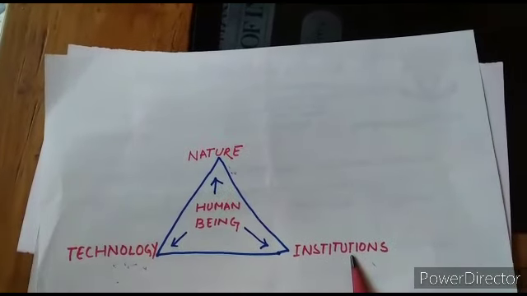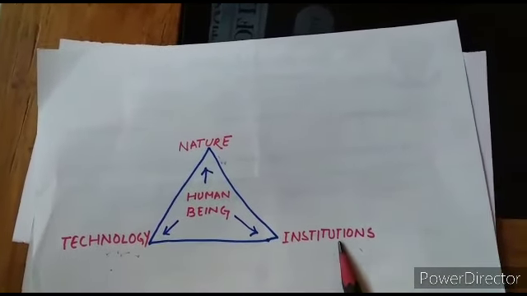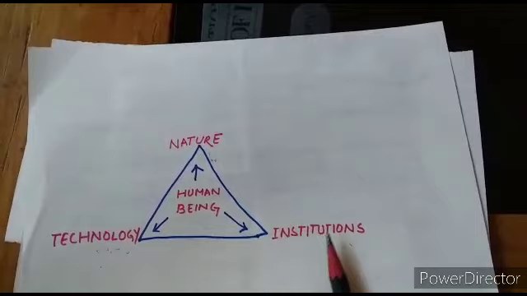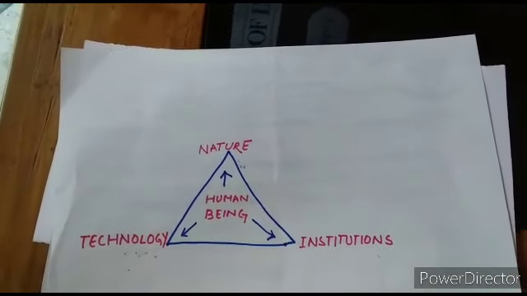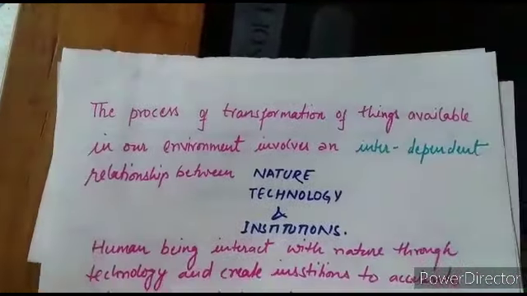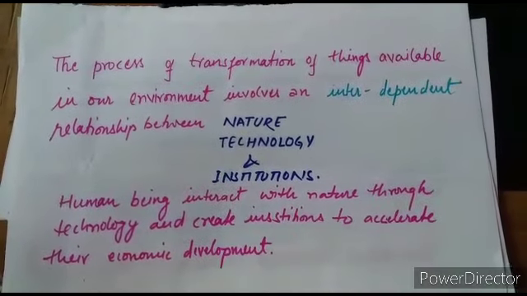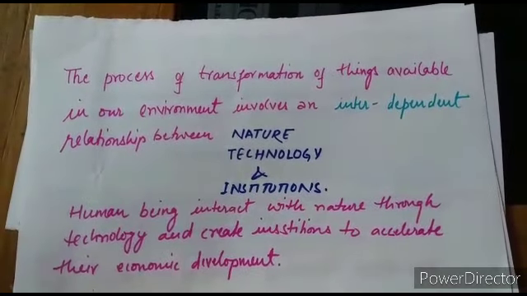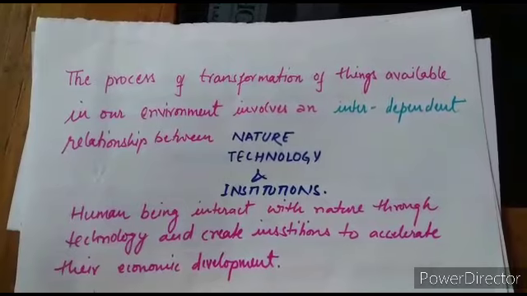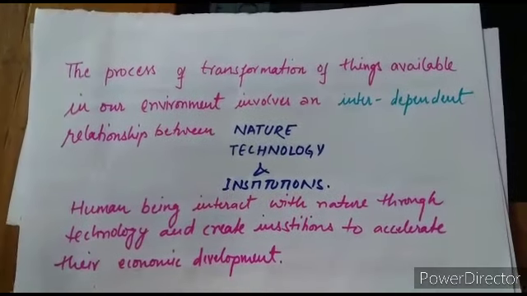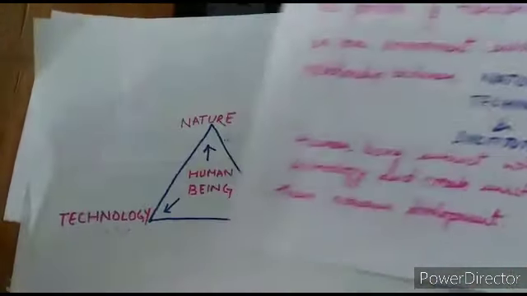For the institution, we are trying to make our society more and more comfortable. So we can say that human beings interact with nature through technology and create institutions to accelerate their economic development.